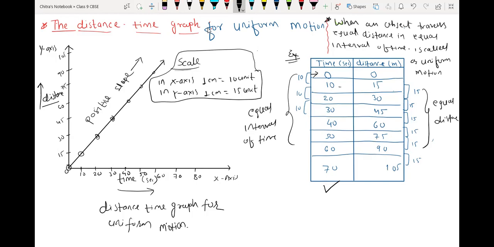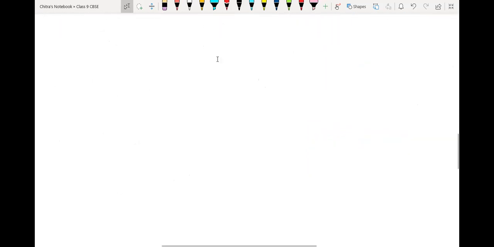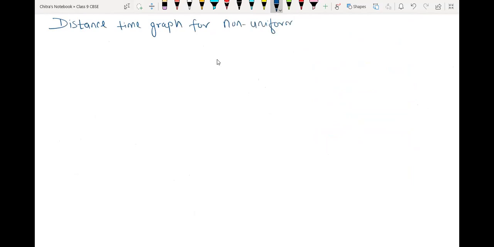Okay. So we are going to understand now the distance time graph for non-uniform motion. Now, distance time graph for non-uniform motion.